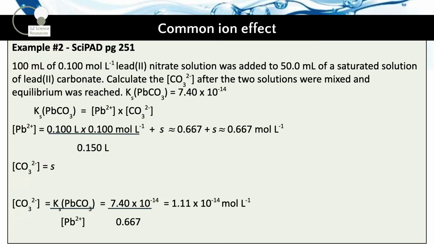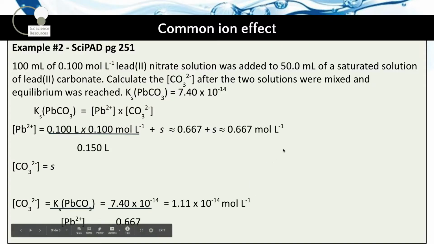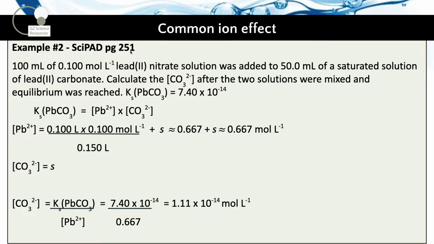Yeah. Cool. So one more example I want to show you. So it's not a huge complication compared to what we looked at last time. So let's just read through the problem. This is actually in your SciPads on page 251, according to my notes. Maybe you guys see it there. Look familiar?